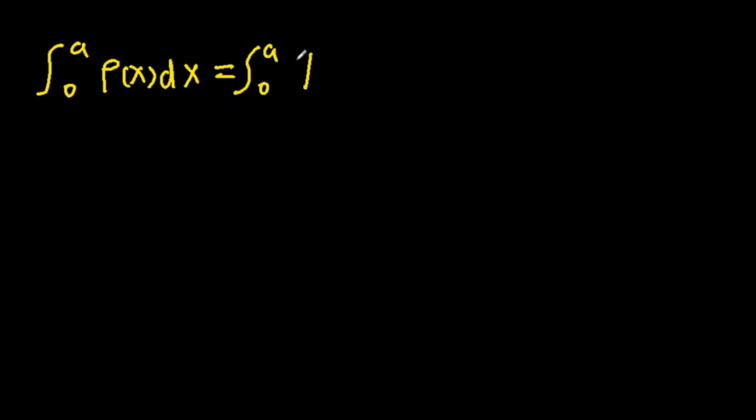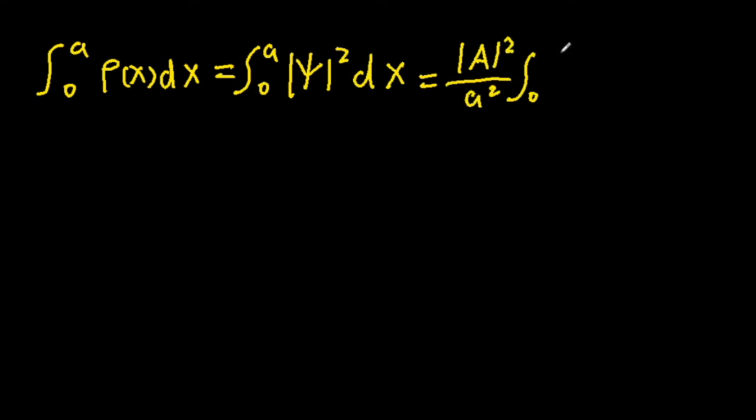To calculate the probability of finding the particle to the left of a, we are going to calculate the integral from 0 to a of rho of x dx, which is the integral from 0 to a of the squared absolute magnitude of psi dx. And the result is a over b.